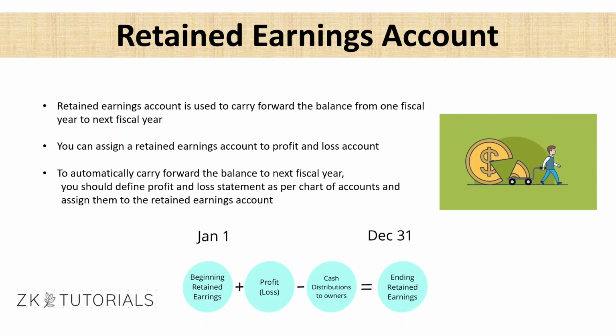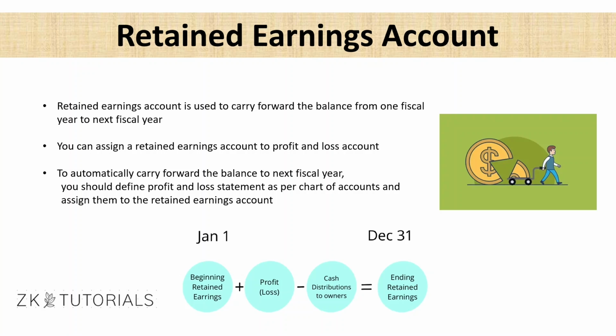Suppose let us say our fiscal year is starting from January 1st and ends on December 31st. Here, the formula for the retained earnings account is, if there is a balance which has been carried forward from past year and brought forward to the current fiscal year, that is called beginning retained earnings.